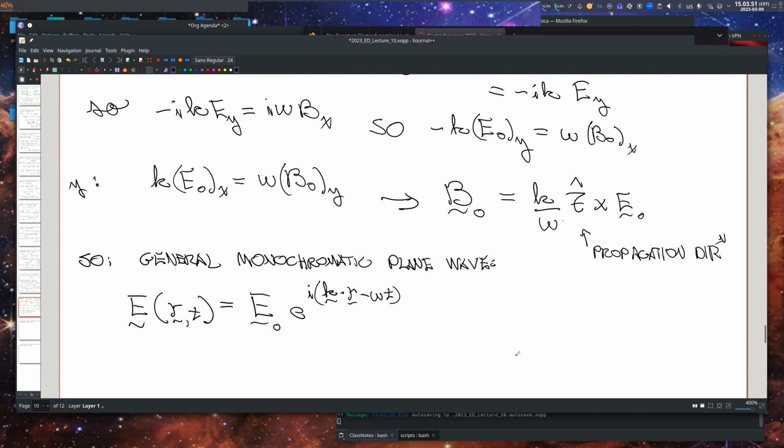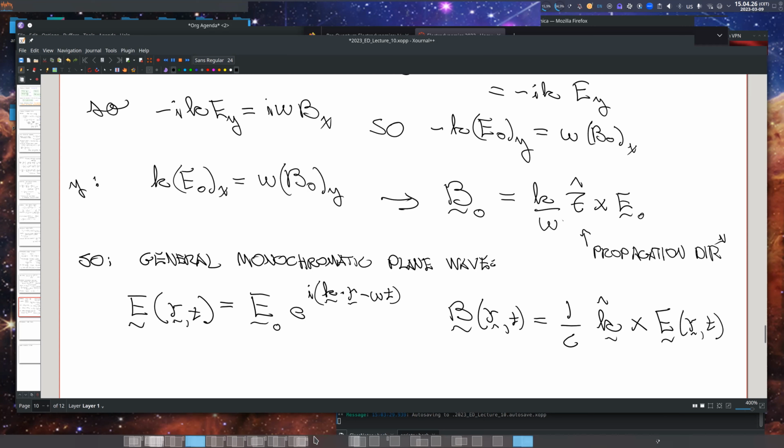Single frequency here. My B would then be given by solving the Faraday equation here in precisely the same way, where now this is a general direction for the vector. So this would be, and omega is equal to ck, 1 over c with k vector hat crossed into E of r,t.